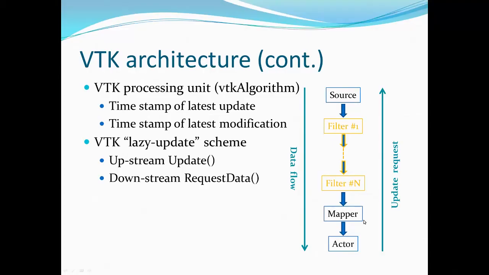For each processing unit, it has two timestamps. One records the last update time, which is when this unit was executed. The second timestamp records the last modification of the unit.